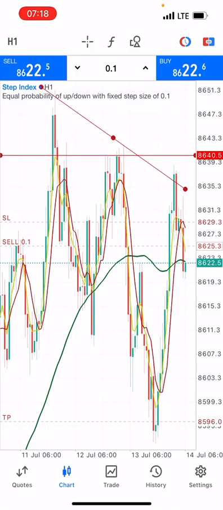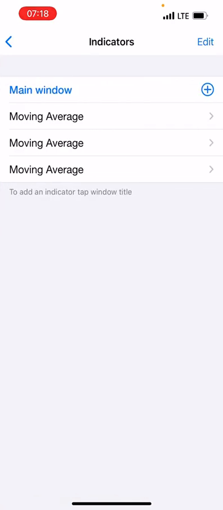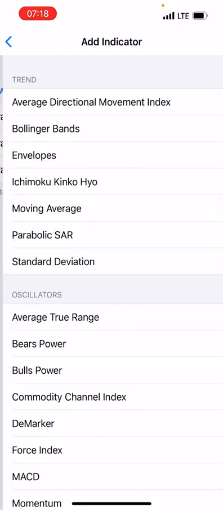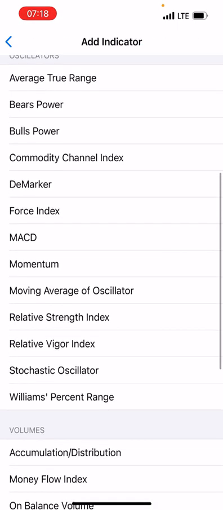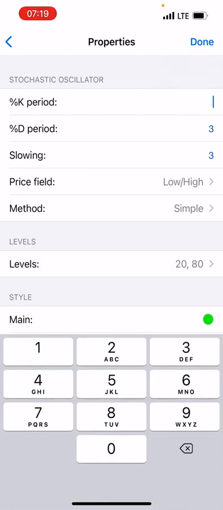Okay, so we're done with that. But right now we're going to need one or two more indicators, which will be the stochastic oscillator. Yeah, so we set the K period, and you just make everything 1, 1, 1, so we don't really need them.